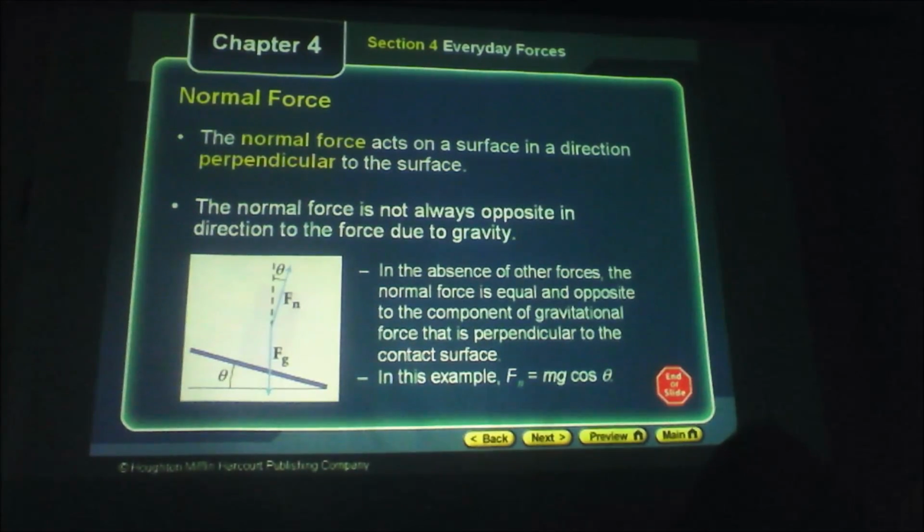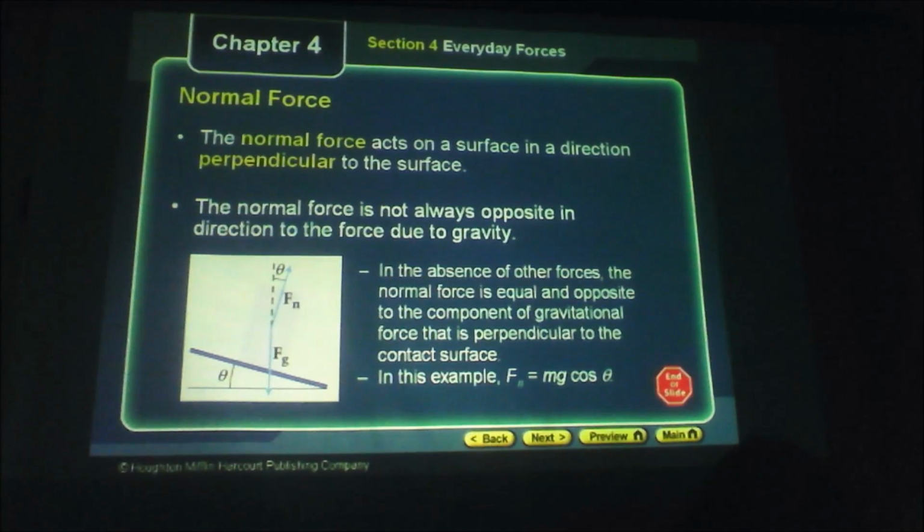In the absence of other forces, the normal force is equal and opposite to the component of the gravitational force that is perpendicular to the contact surface. There's the key there, perpendicular to the contact surface.